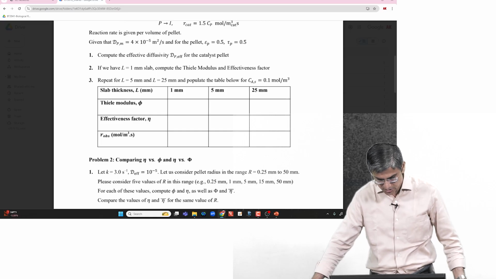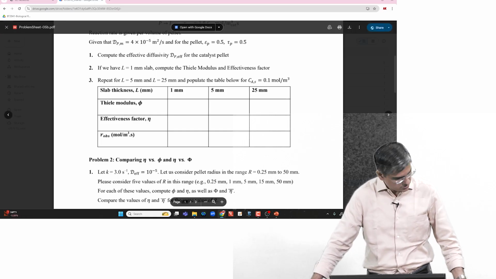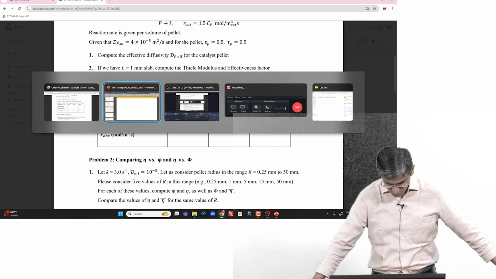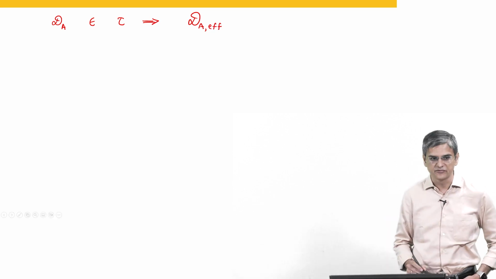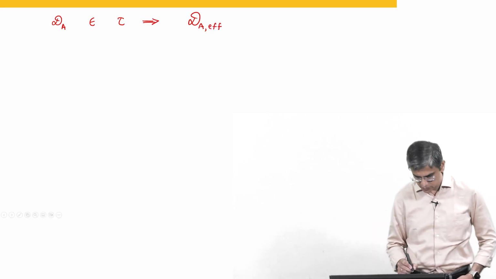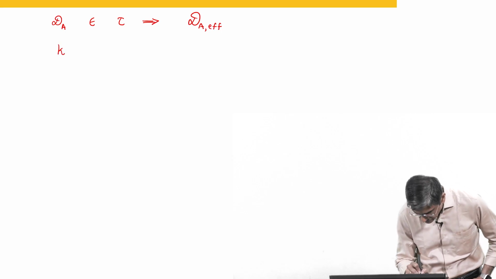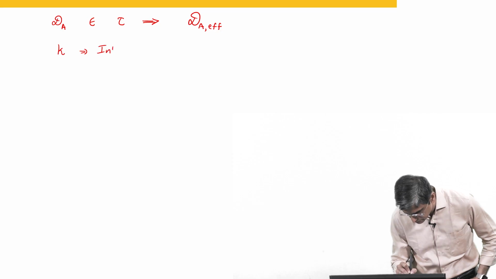Okay. So, this is what you are going to do. Just to recap what we have done. What was given to us was dA, epsilon and tau. From dA, epsilon and tau, we calculated dA EFF. We were given K, that is the intrinsic rate constant.